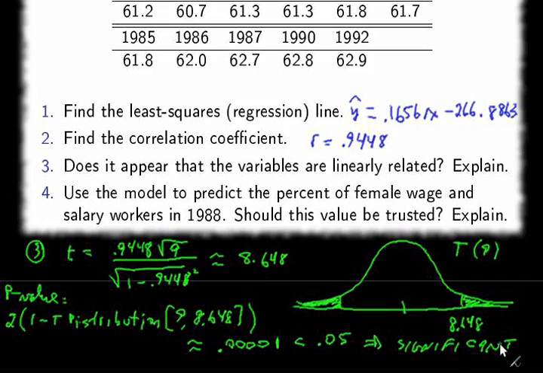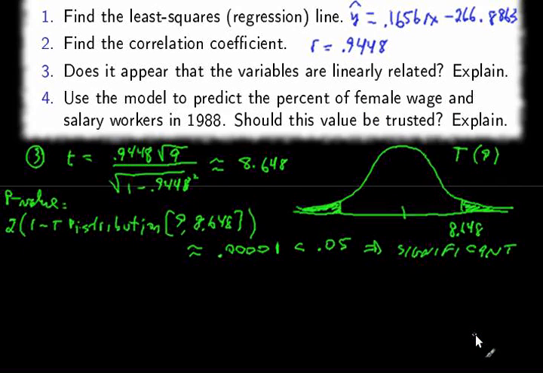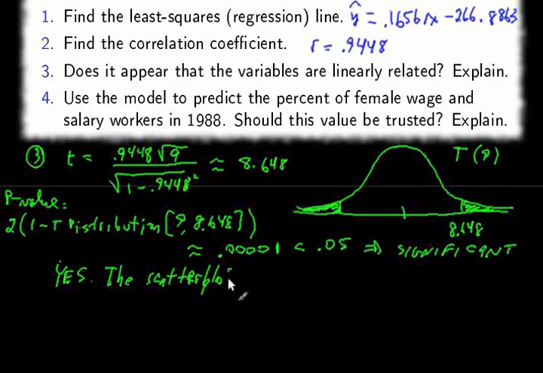Okay, so it does appear that they're linearly related, so we can answer yes for two reasons. The scatter plot looks roughly linear.